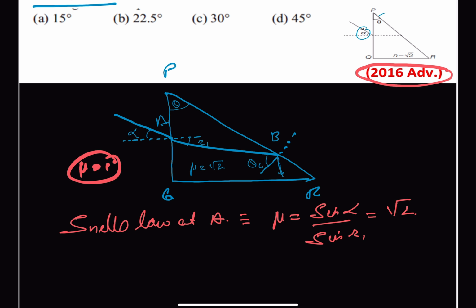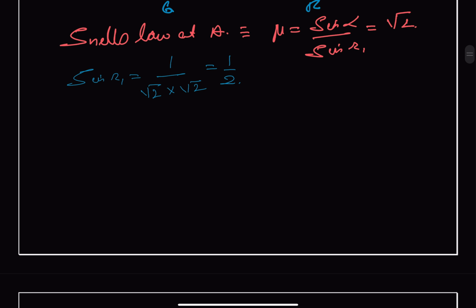Alpha is given as 45, so we can write that sine of R1 is equal to sine of 45, which is 1 by square root of 2, so this comes as 1 upon square root of 2 multiplied by 1 upon square root of 2, giving us 1 upon 2. So from here we can write that R1 is equal to 30 degree.